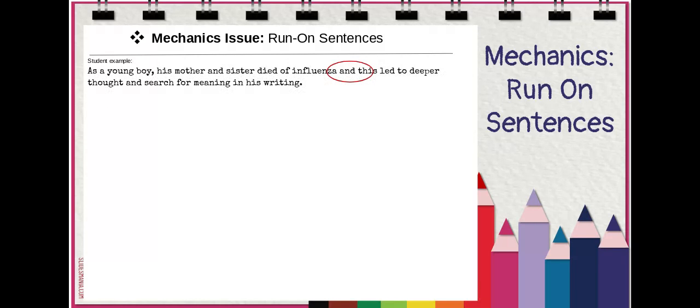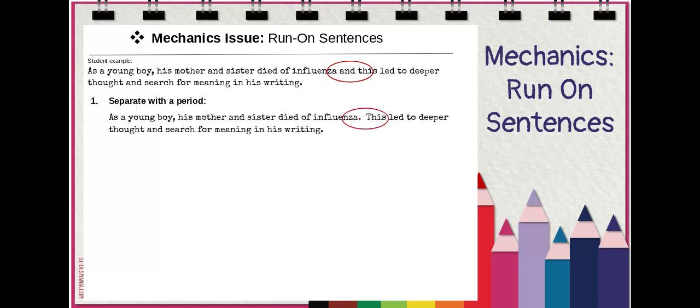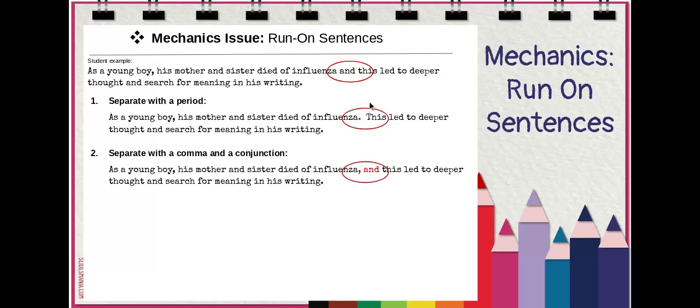So, for example, as a young boy, his mother and his sister died of influenza, and this led to deeper thought and search for meaning in his writing. We are missing a comma right here before that conjunction, and that is making it a run-on sentence. Also, we could separate with a period and take that conjunction away. Okay, that's where we add the comma and the conjunction.